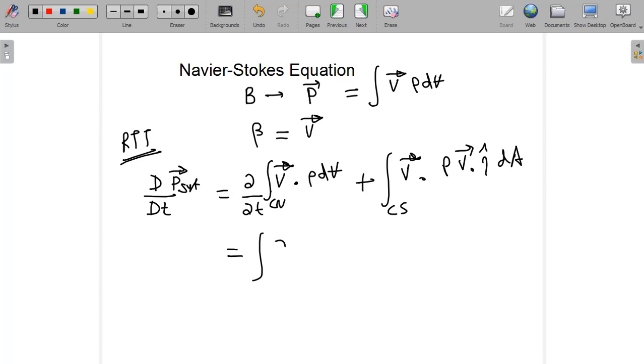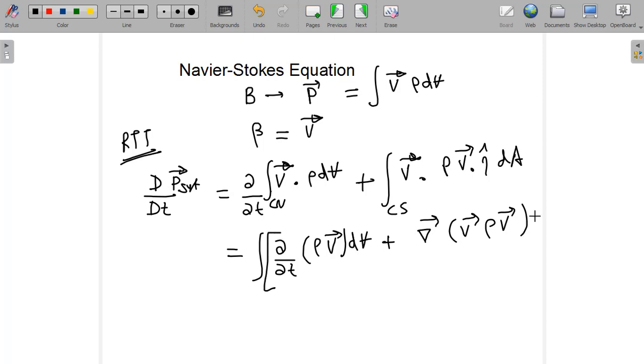That will be del/del t of rho v dV plus, here you can see this quantity is the divergence of v rho v, and the whole thing multiplied by dV.